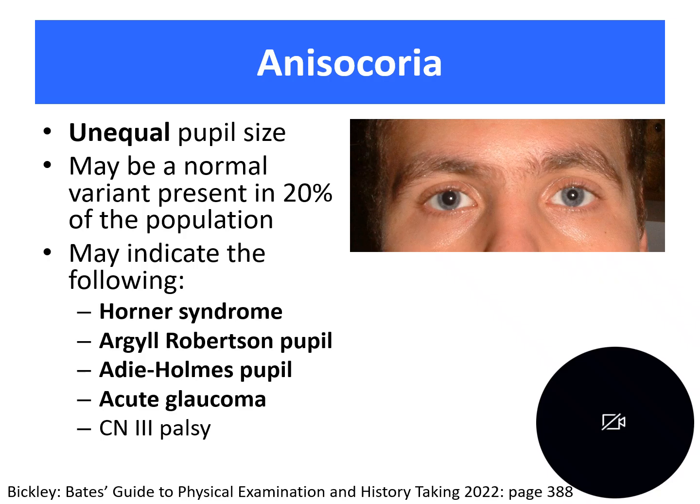However, if there is underlying pathology, here are 5 possible causes of an unequal pupil. It could be Horner syndrome, and then you're going to look to see whether there is drooping of the upper eyelid on the same side with a smaller pupil, and you test for whether the skin on that side is lacking the ability to sweat. It could be the Argyll-Robertson pupil. It could be the Adie's pupil.